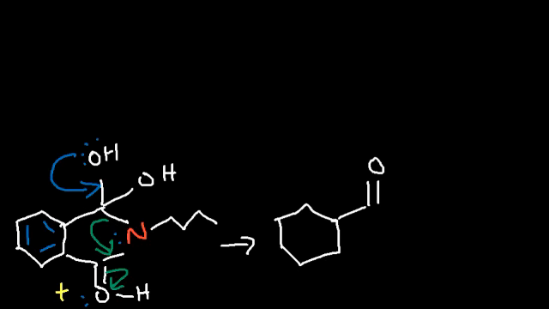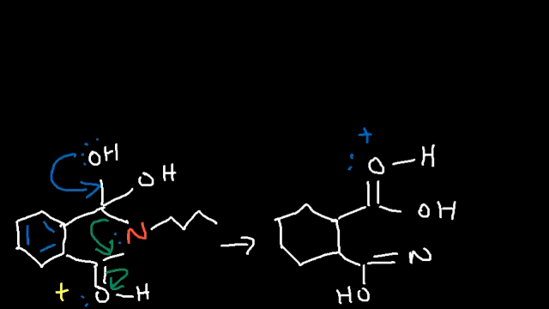So now this is going to be a carbonyl group. We have an OH. This bond is no longer there. This is now a hydroxyl group next to a nitrogen.